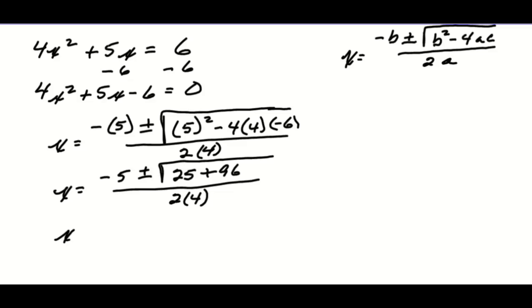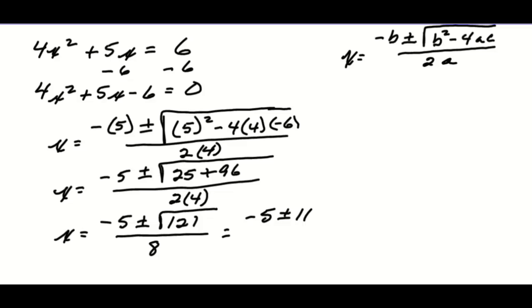Now x equals minus 5 plus or minus the square root of 121 all over 8. Well, it so happens that 121 is one of our perfect squares that we studied before. So this now becomes minus 5 plus or minus 11 over 8.